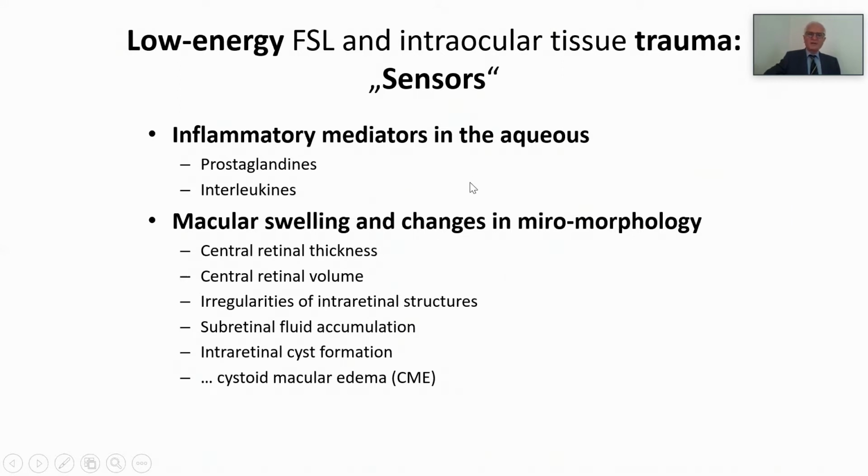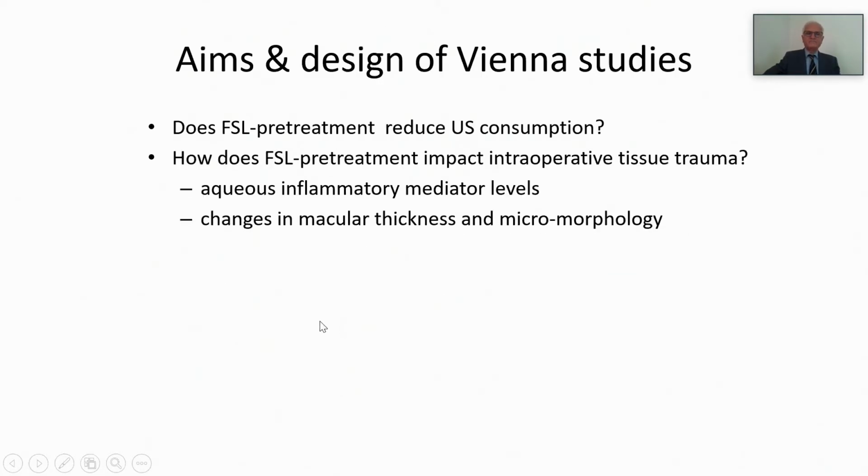We know that if you induce intraocular tissue trauma, you get a rise of prostaglandins and interleukins, and you get central retinal thickness increase, irregularities of intraretinal structures, maybe subretinal fluid accumulation, intraretinal cyst formation, and finally, it might end up in cystoid macular edema formation.